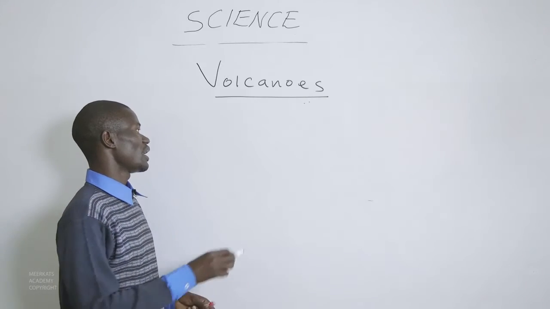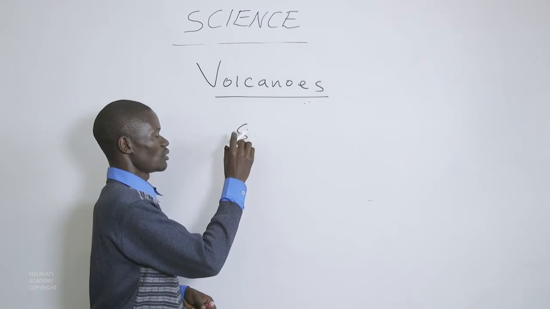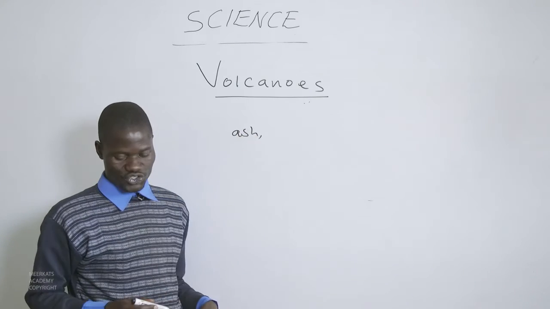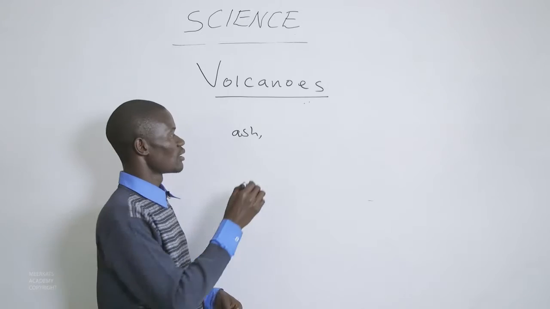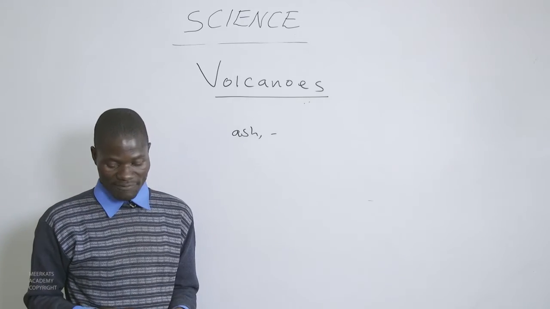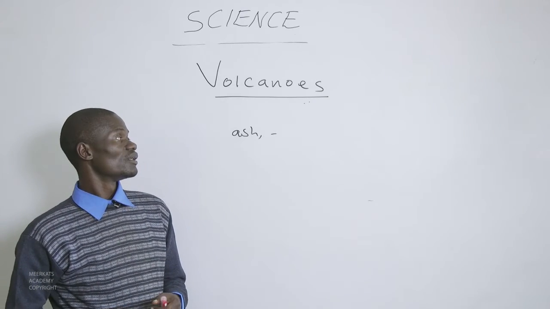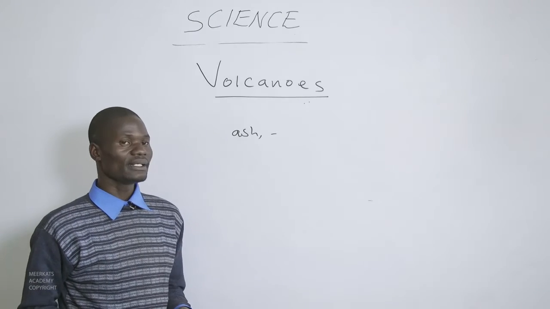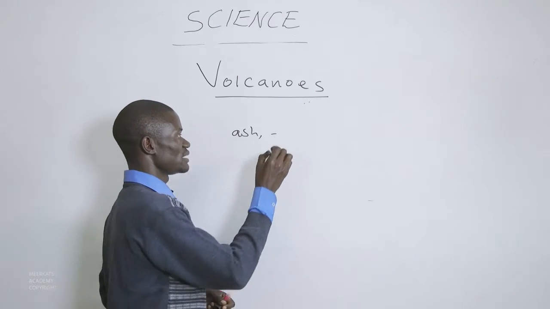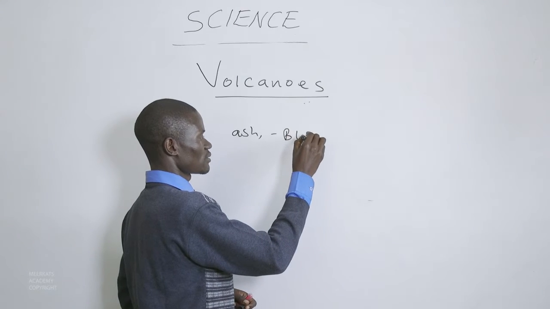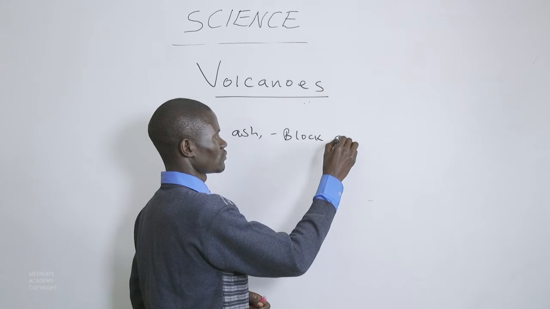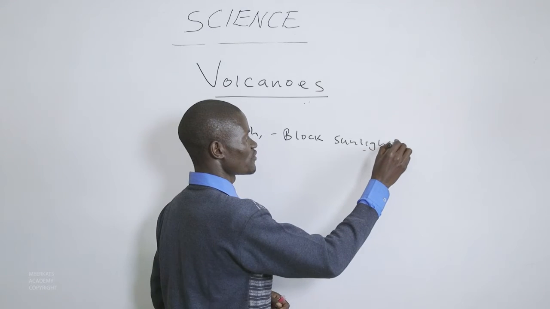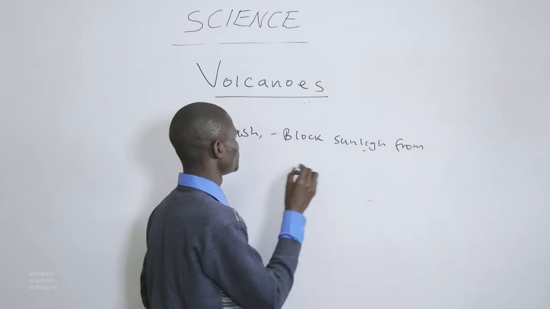These ashes can have some devastating effects. One of the effects is they may block the sunlight from reaching the Earth's surface.